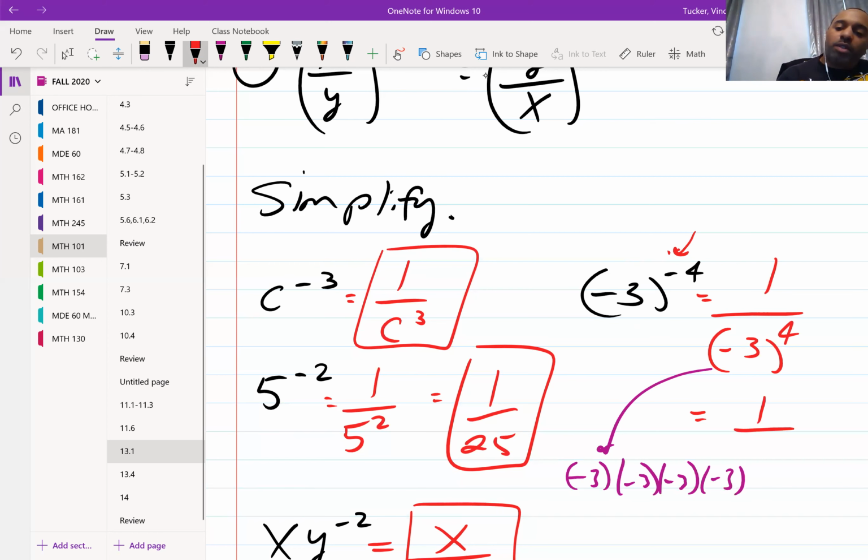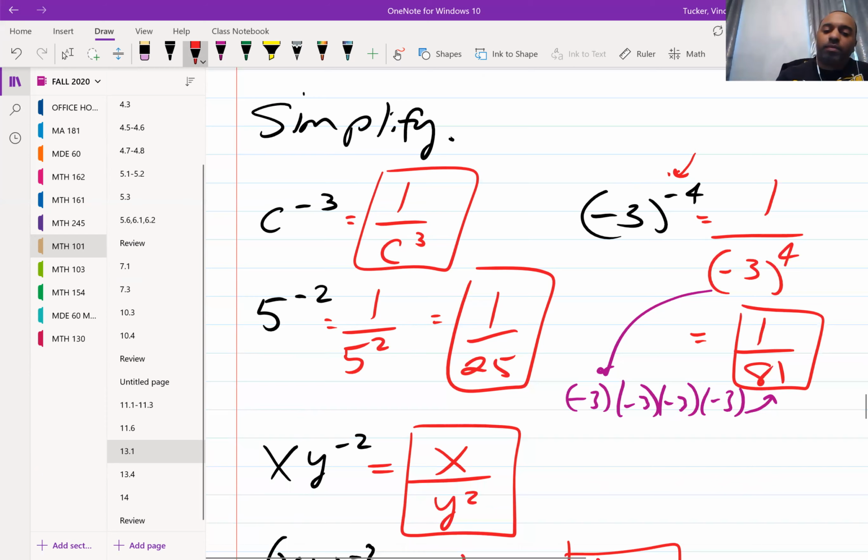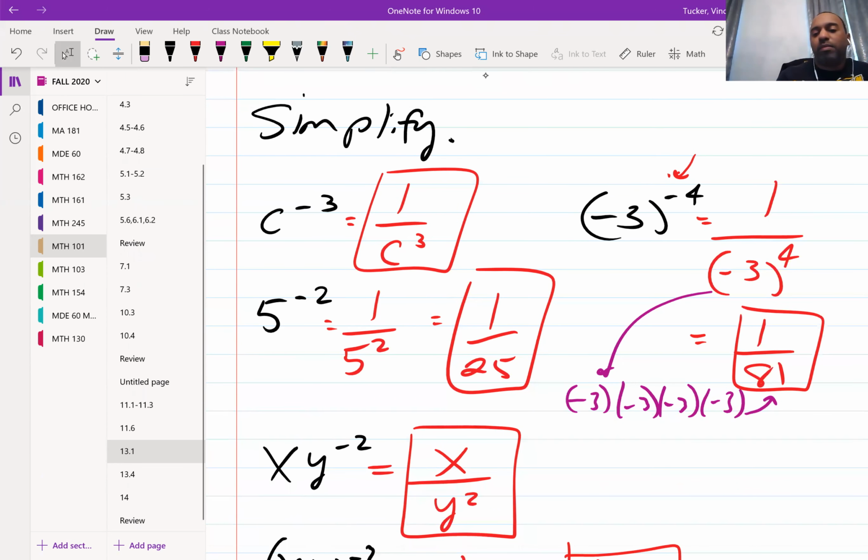And that's going to be 81. Negative 3 times itself 4 times will give you 81. All right, questions on those three before we go to another one?